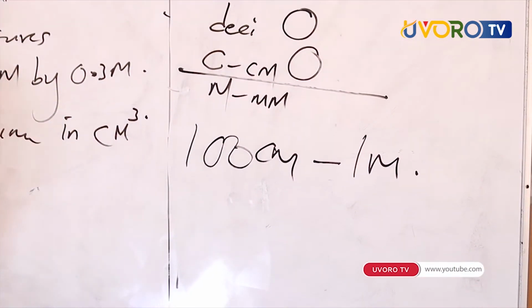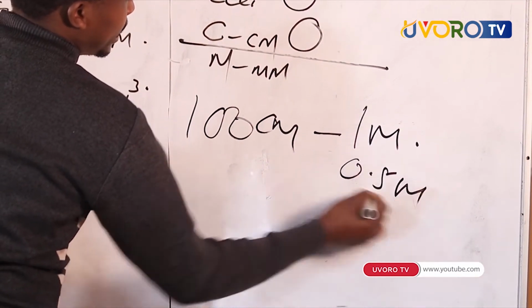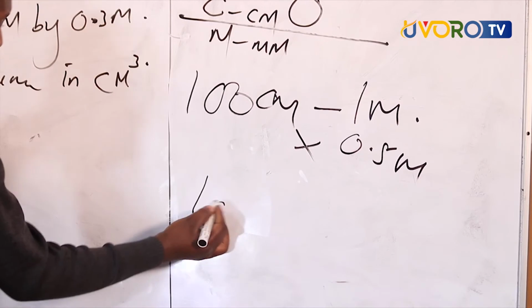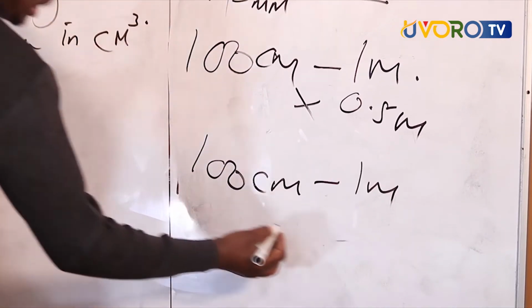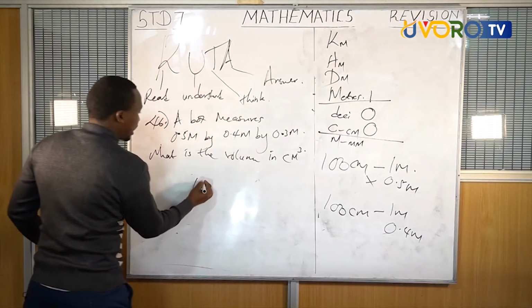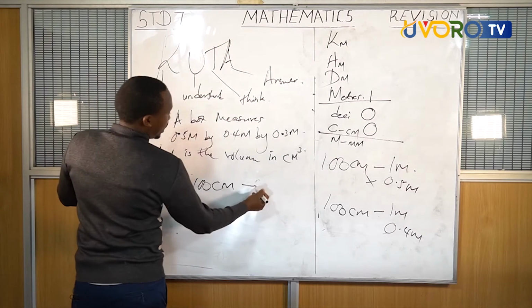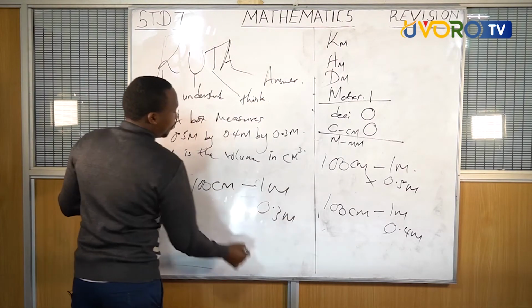Now, what about 0.5 meters? You multiply by 100 centimeters, 1 meter. What about 0.4 meters? Again, 100 centimeters, it is 1 meter. What about 0.3 meters?